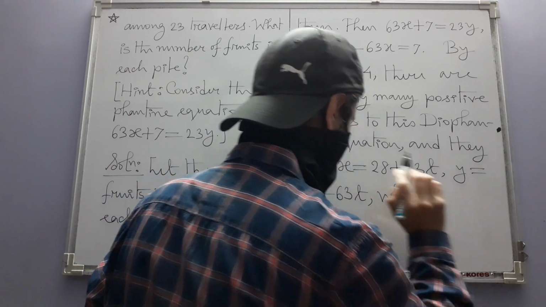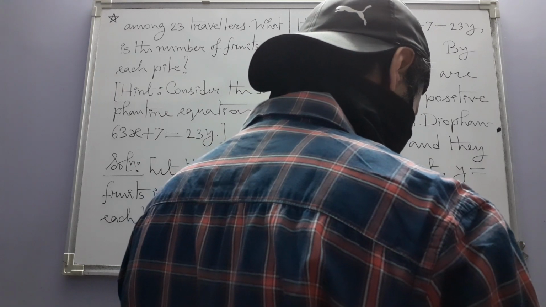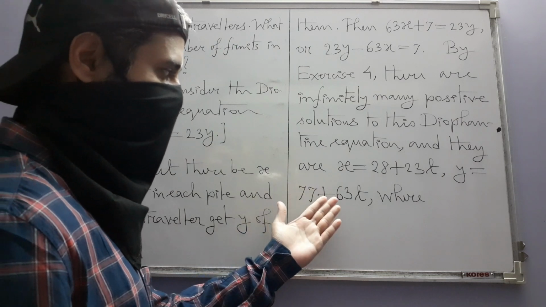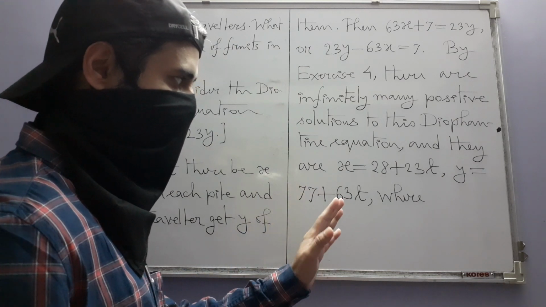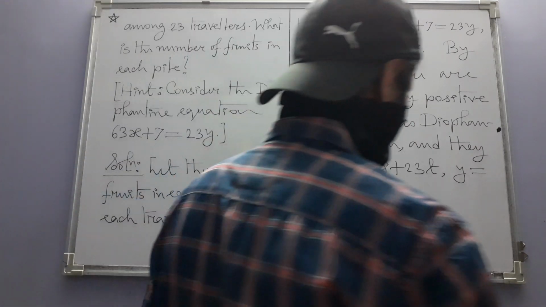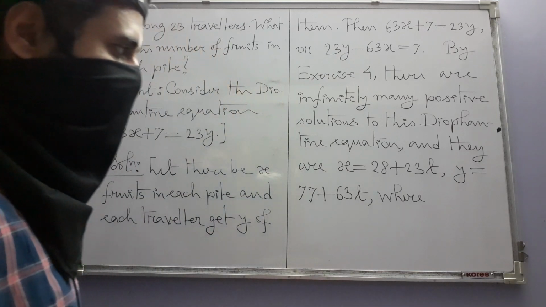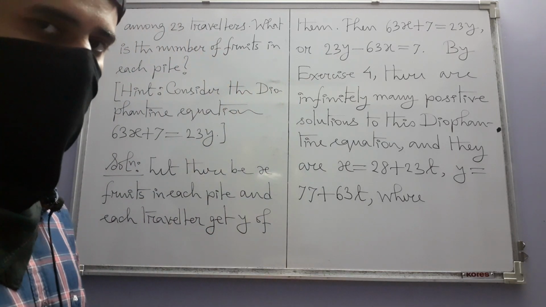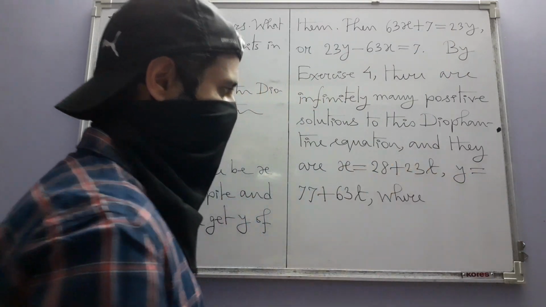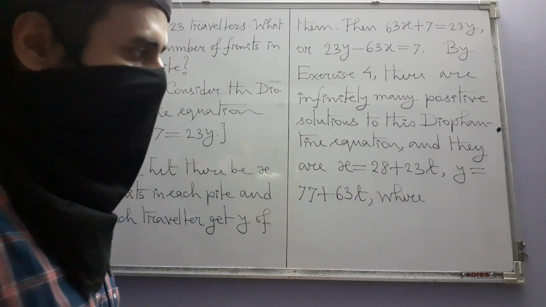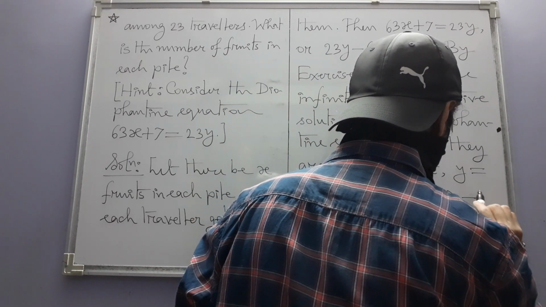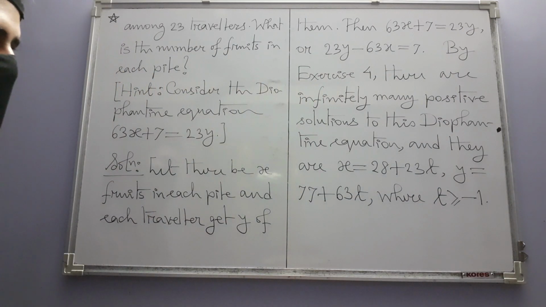Where, now because we are at once saying that there are infinitely many positive solutions, here we won't say that t is an arbitrary integer, but we will consider only those t's that will give us positive or non-negative solutions. So if you impose the non-negativity condition on these two expressions, then it turns out that t has to be an integer greater than or equal to -1.